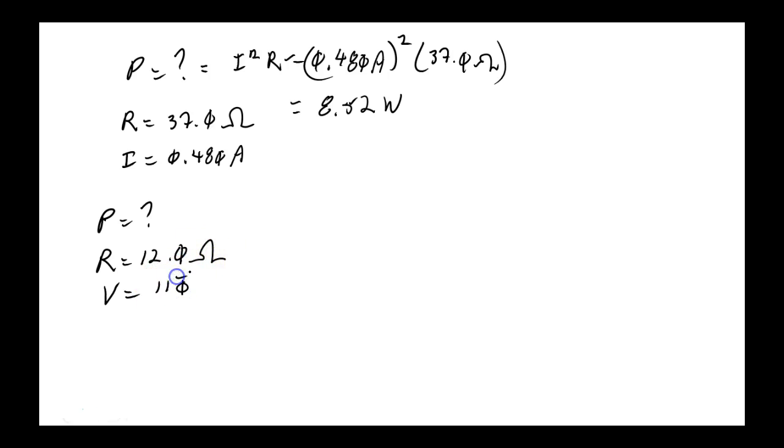And they put a bar over the 0, meaning it is significant. So what's your power when you're dealing only with voltage and resistance? V squared over R. So that would be 110 volts squared, divided by 12.0 ohms. Punch that in your calculator and see what you get.